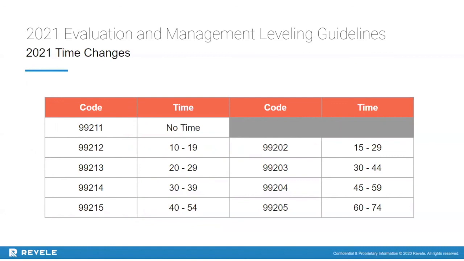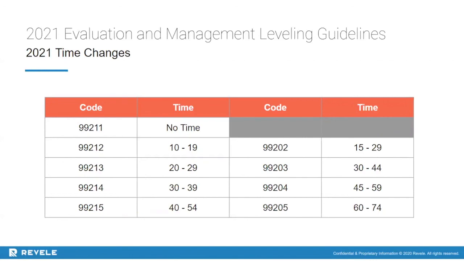The 2021 time changes are, hence, there's no allowed time for 99201 since that code is going to be deleted. Established office visit codes are in 9-minute increments, and the new office visit codes are in 14-minute increments. The exact ranges will remove the use of a midpoint.